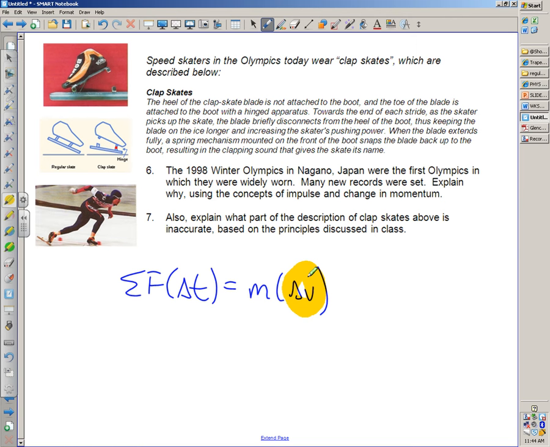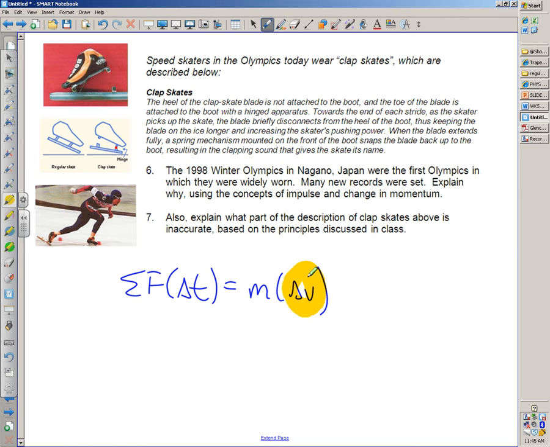In the problem we were just doing, the right-hand side stayed exactly the same. So F and T we can mess around with. But here we want to make the whole right-hand side of this equation as big as possible. So what do I do with these two things? If I want to make this as big as possible, I want to make these both as big as possible.